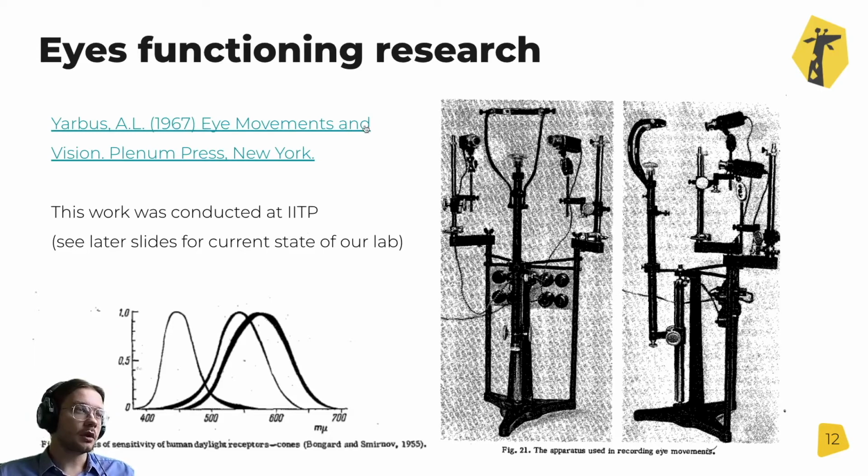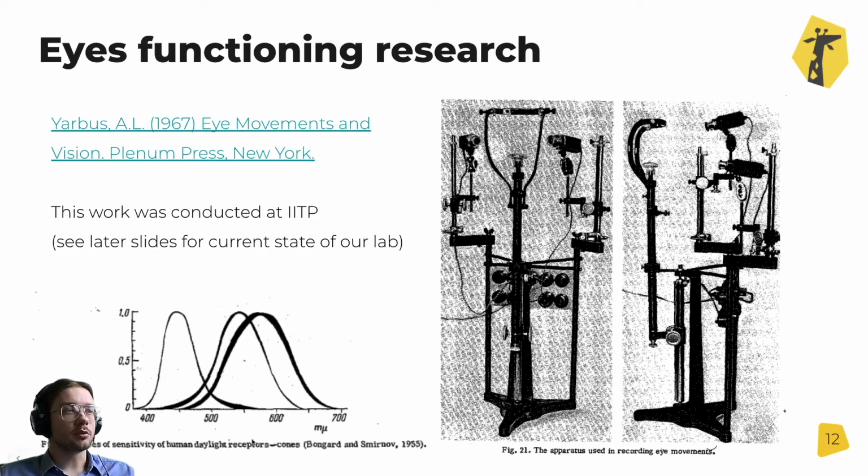And here is the book from Professor Yarbus on eye movements and vision, written in 1967, which was in fact a reference book for vision researchers. Much of the information collected in the vision laboratory of IITP is presented by Professor Yarbus.